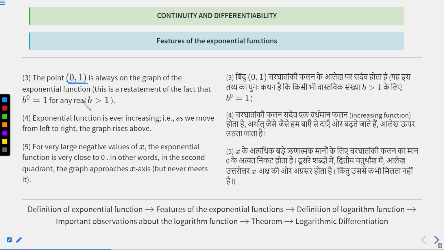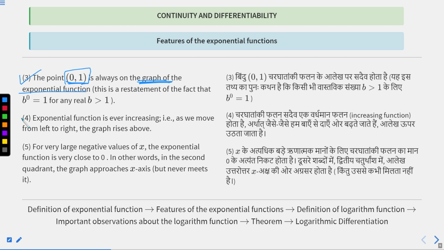We know that any non-zero number to the power 0 gives 1. I hope this third point is very clear to you, that this point will always be on the graph of the function b to the power x.